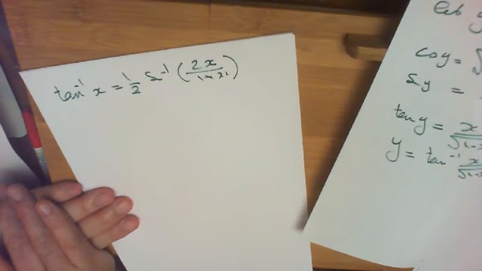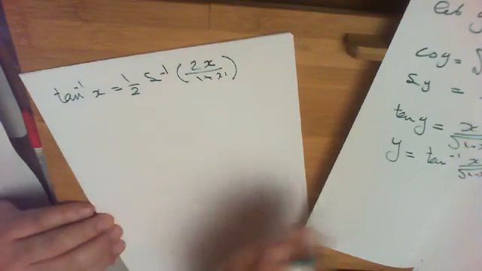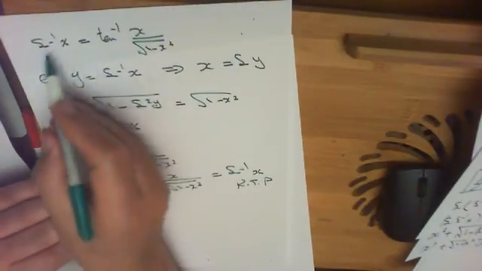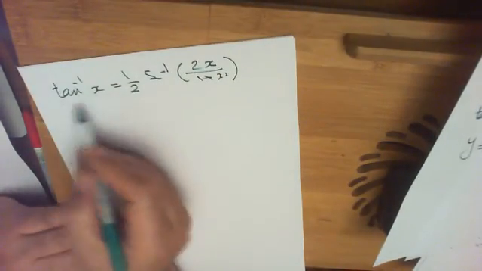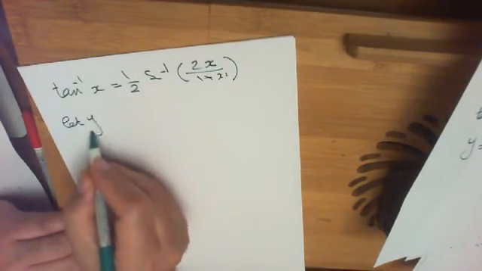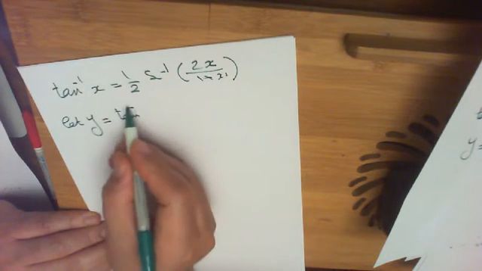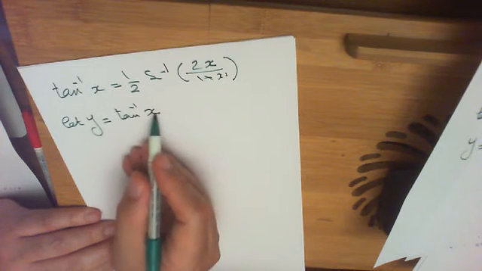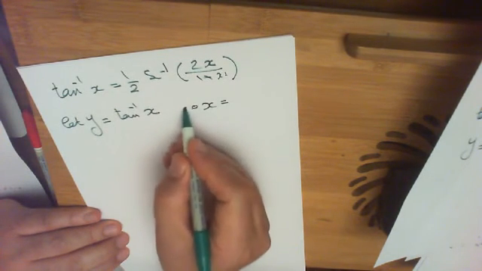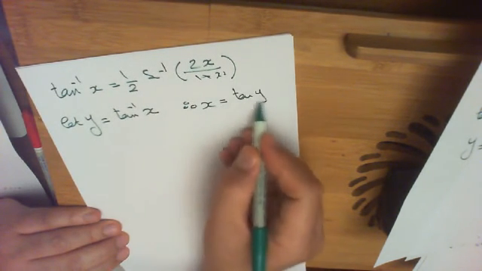This is very simple. How? I start with the simple part of the problem, which is tan minus 1. Let y equals tan minus 1 x. Y is the angle whose tan is x. So x equals tan y.